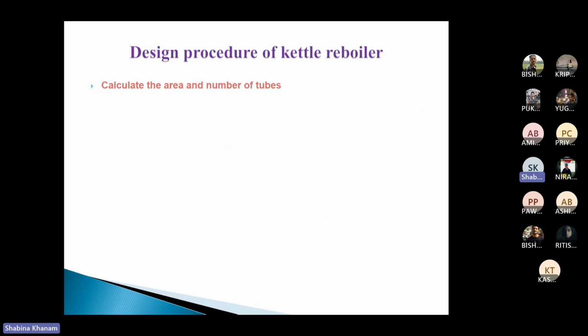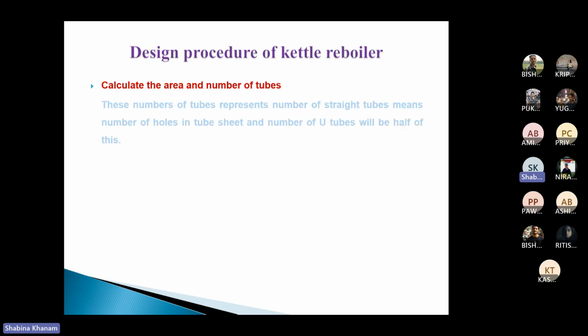Okay, so once I have the overall heat transfer coefficient, we can find out the total heat transfer area and number of tubes. Mostly in a reboiler, the kettle reboiler, we consider U tubes as the tubes.